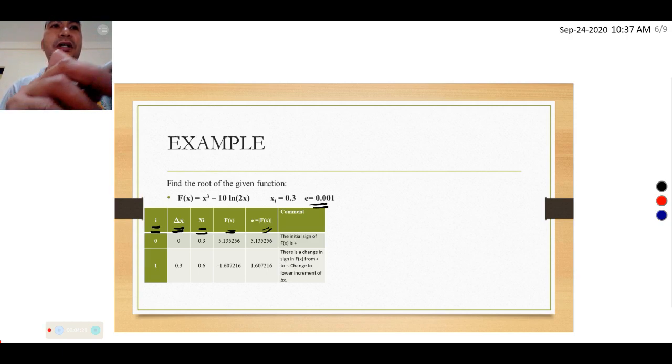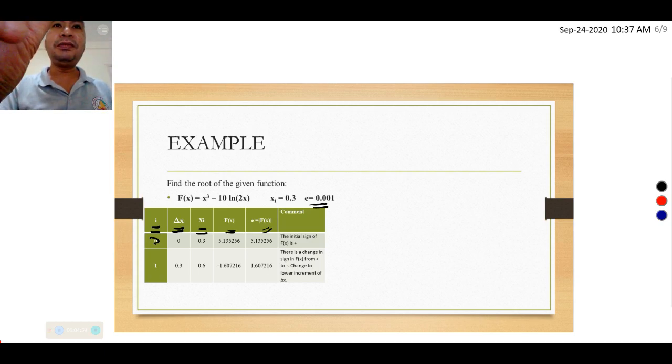So we have here iteration 0, or our initial iteration. We have here the delta x, which is equal to 0, since we have not yet changed any value of x. So the delta x for initial condition will always be 0.